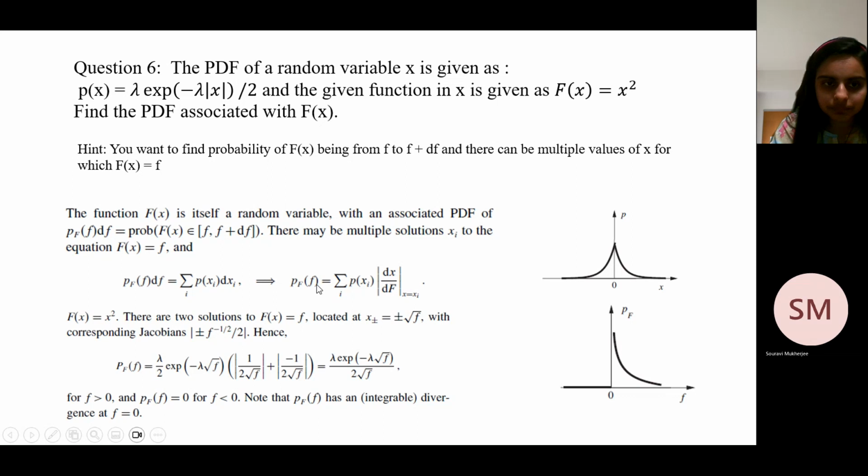So that's why you have to use the Jacobian, and you have to use this relation. The probability density function, which tells you the probability of having f(x) between f and f plus df, is given by this summation, where this derivative is found at all those values of x equal to x_i which give you f(x) equal to f. So this was a simple example based on this criteria.